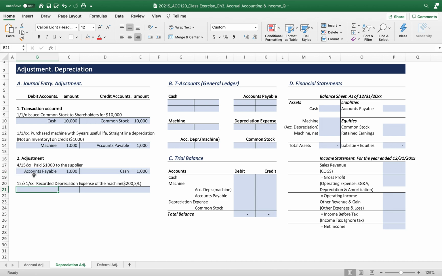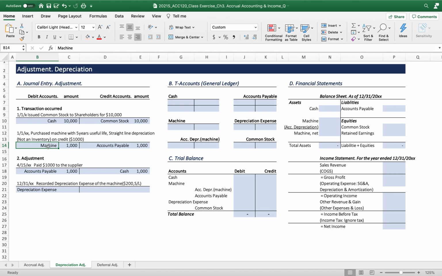And then one year after the company purchased, it should record the depreciation expense for the machine. So how do you record? Let's start from the debit and credit. Depreciation expense.